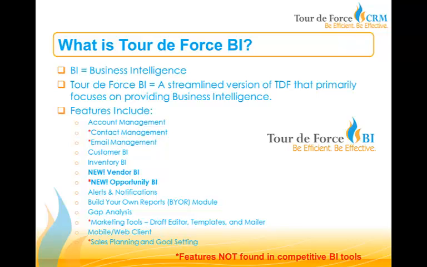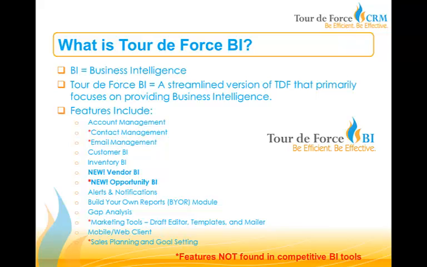And then the sales planning and goal setting. Again, all of these items that you see that are in asterisk with red, I guarantee you will not find in any other business intelligence tool that is out there focused on the distribution industry. Tour de Force has long prided ourselves on our extensive sales planning and goal setting capabilities. We often refer to our sales planning as a product within a product.